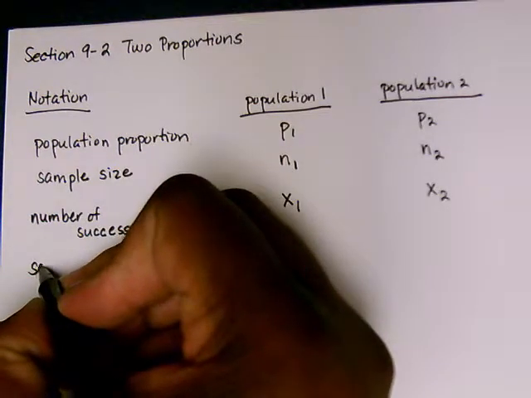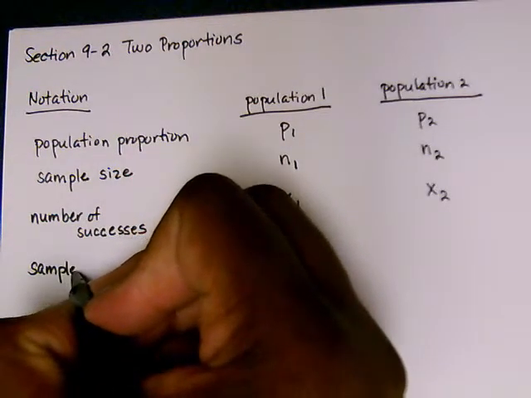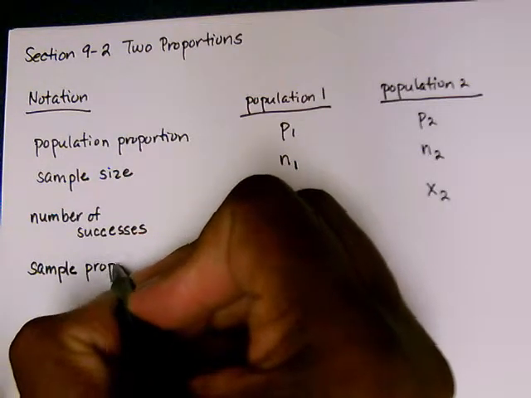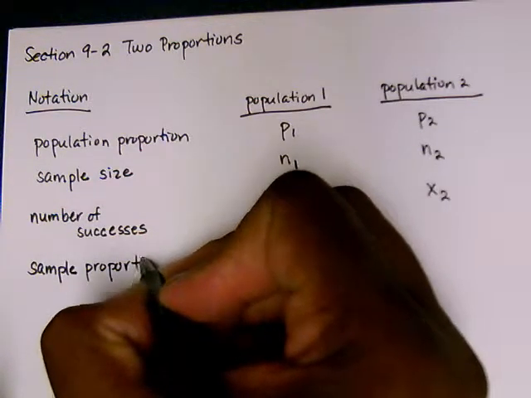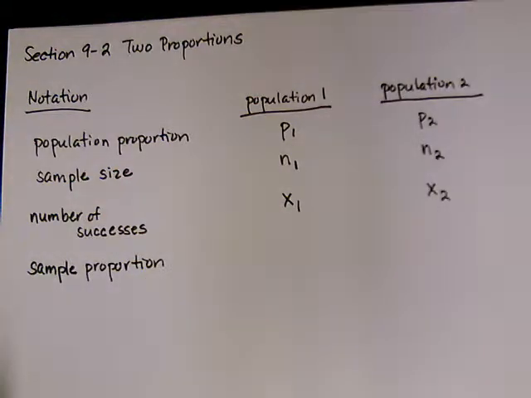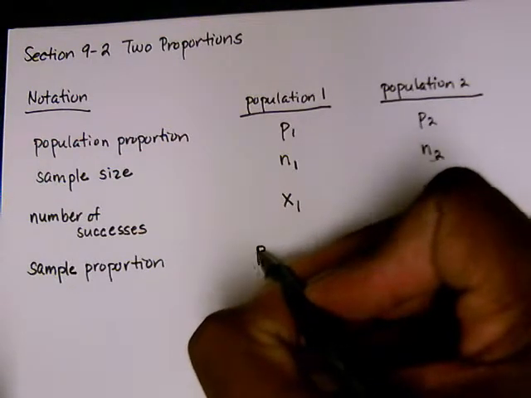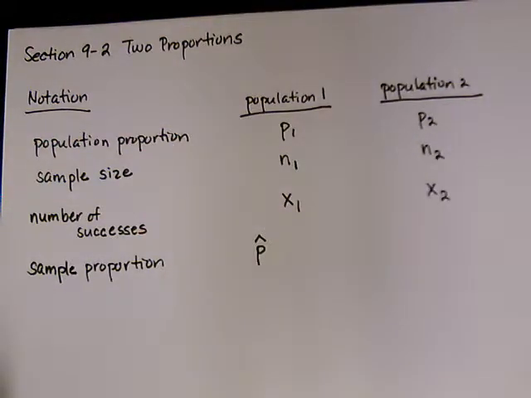And then you have your sample proportion. Usually the sample proportion is always going to be the number of successes, which is your x, divided by the sample size, which is n. So in this case here, we use p hat for the sample proportion.